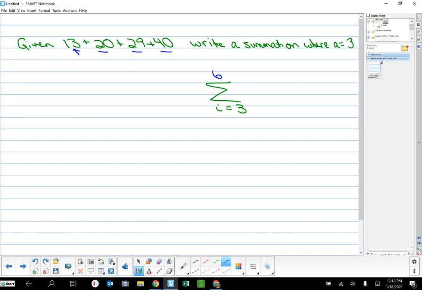Don't start at 3 and go 4, 5, 6, 7. That would be incorrect. Here, i is 3 to generate that term. i is 4, i is 5, i is 6, right? Make sure that you're not counting those incorrectly. Okay? Now, let's go 13, 20, 29, 40.